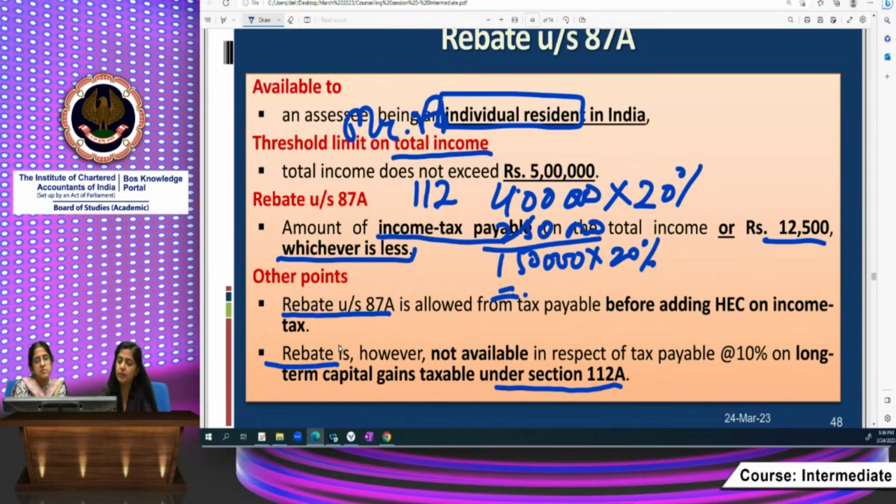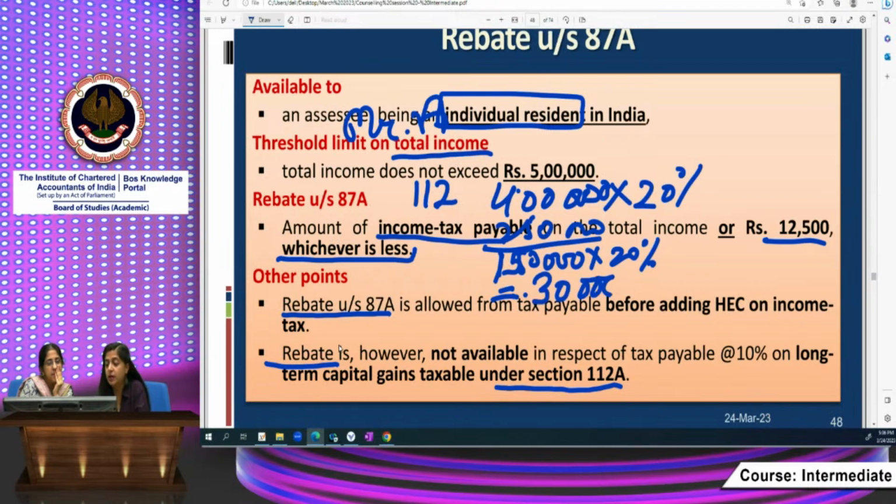He has long-term capital gain under section 112 only of 4 lakh, and he has no other source of income. Then in that case, he can adjust the basic exemption limit against 112 because he's a resident. What would be his remaining income? It's 1,50,000, which is taxable at 20%. So what will be the tax liability?